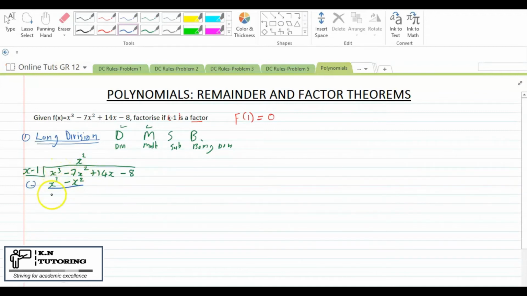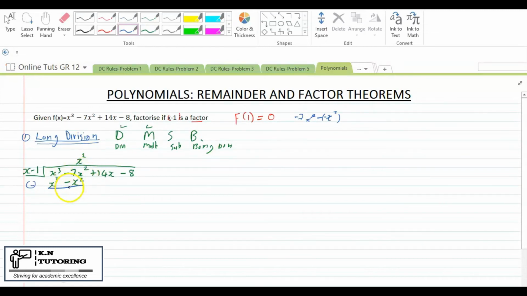So I'm going to subtract this x cubed minus x squared from x cubed minus 7x squared. So x cubed minus x cubed will give me 0. Minus 7x squared minus minus x squared, but this x squared is negative, so it's going to be positive. Sorry, let me repeat that.